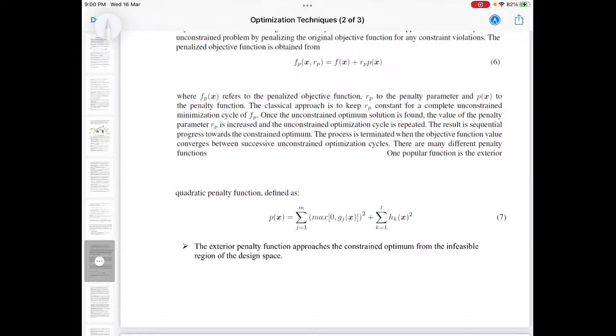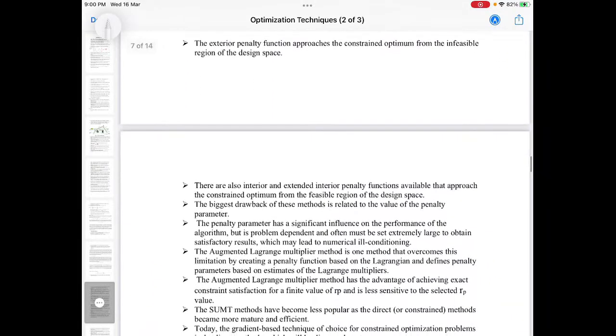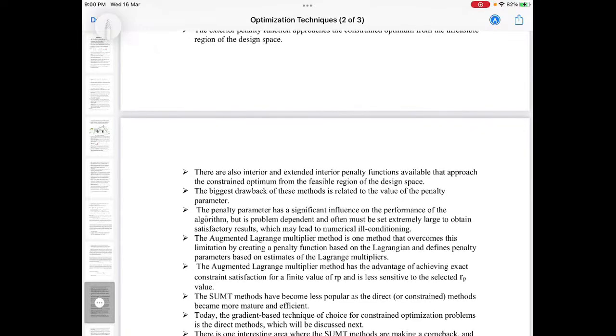The penalty parameter has a significant influence on the performance of the algorithm, but is problem dependent, and often must be set extremely large to obtain satisfactory results, which may lead to numerical ill conditioning.